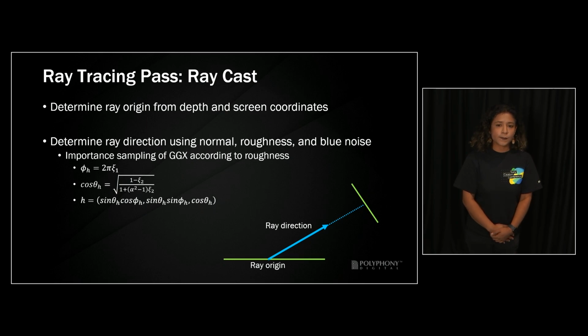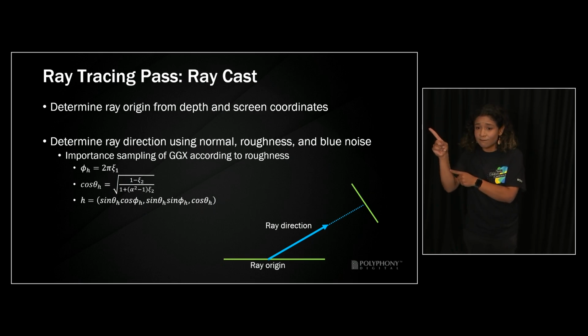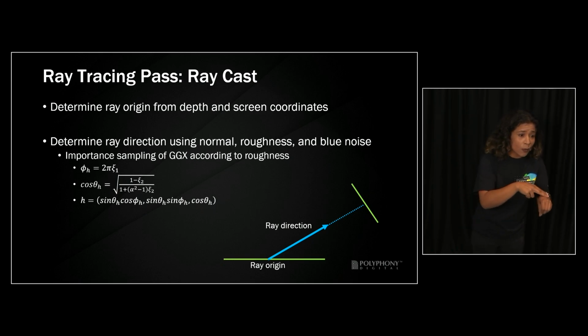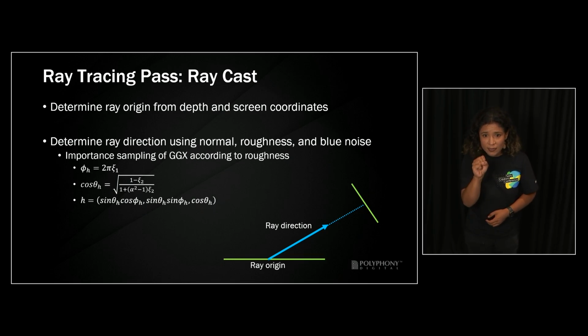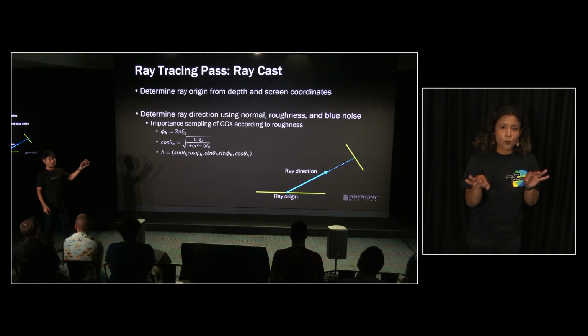Okay, so concrete ray casting is done using a scene G-buffer. The ray origin is determined from the depth buffer and screen coordinates, and the ray direction is determined from normal, roughness, and blue noise. Here, GGX importance sampling is performed using roughness and noise.